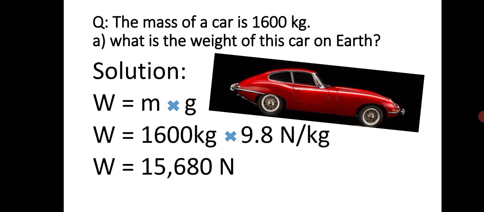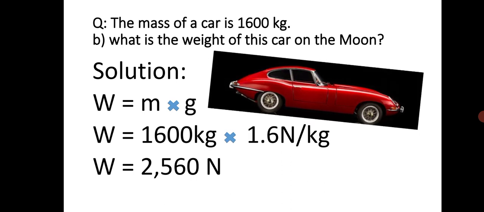The mass is already given to us, that is 1600 kilograms. We multiply it by the gravity of the Earth, and that is 9.8 newtons per kilogram. So we get the answer 15,680 newtons.